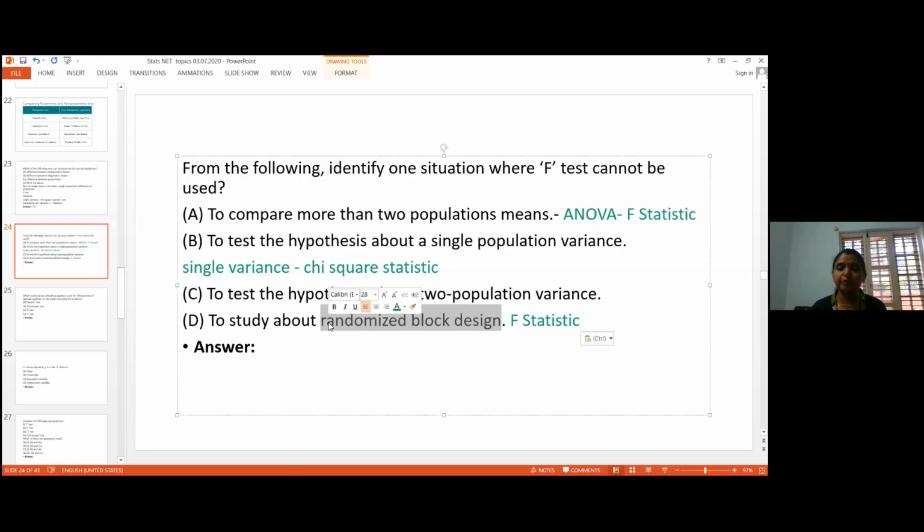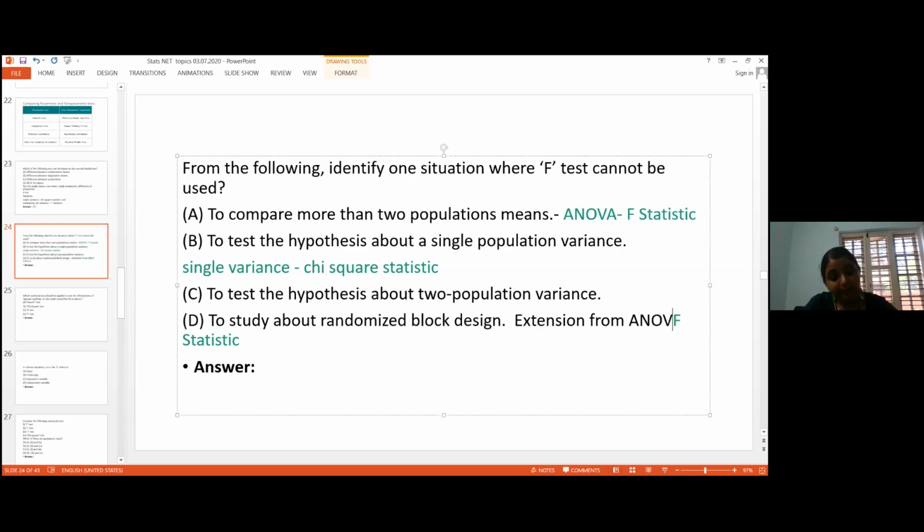First, you will define the population. From there, you will pick up a small sample. In that sample, how are you randomly allocating the questionnaires or treatments, whatever is to be done? So these are basically called designs of experiment. And this is an extension from ANOVA. Application of ANOVA directly goes with these kinds of designs.